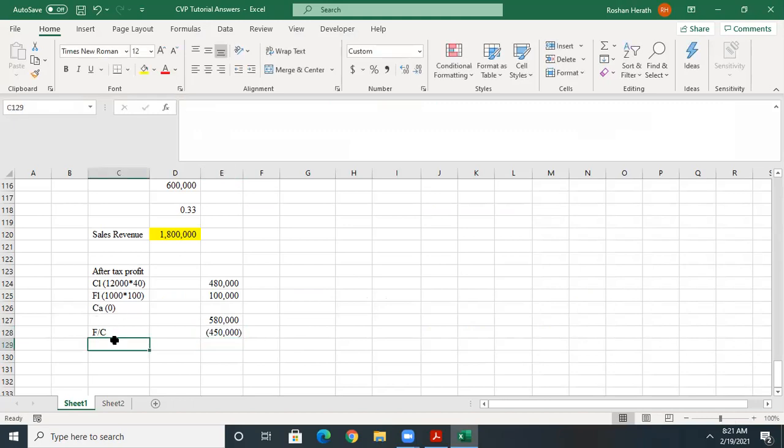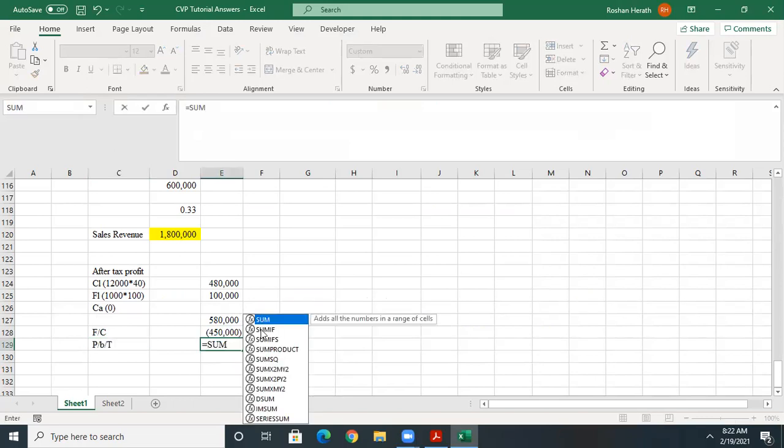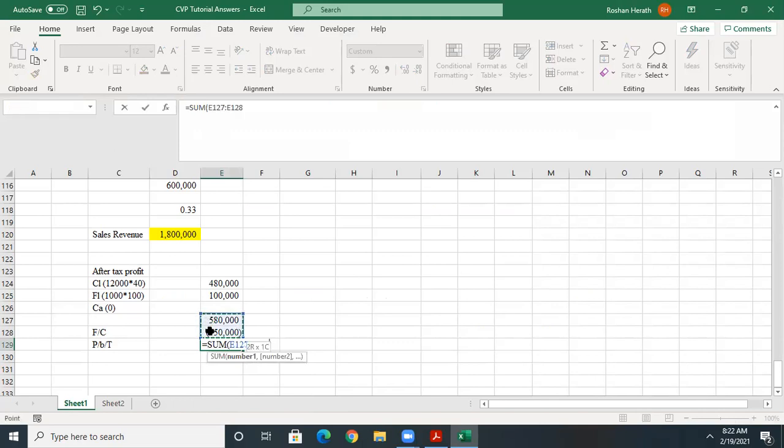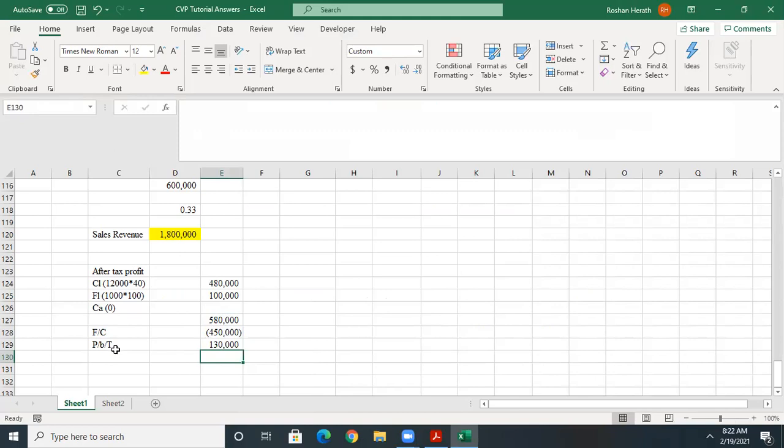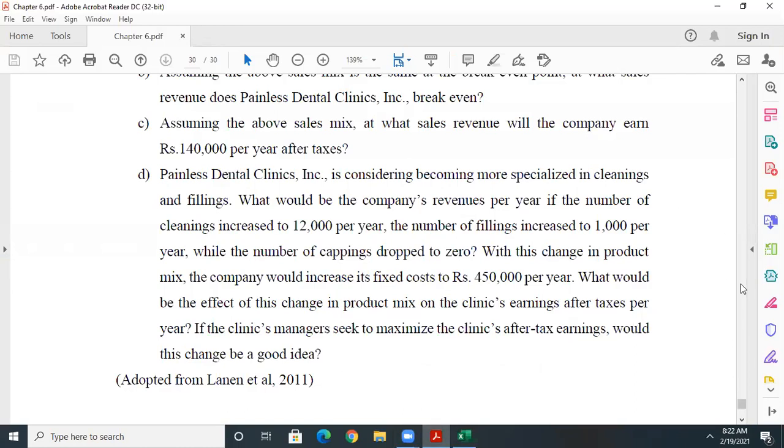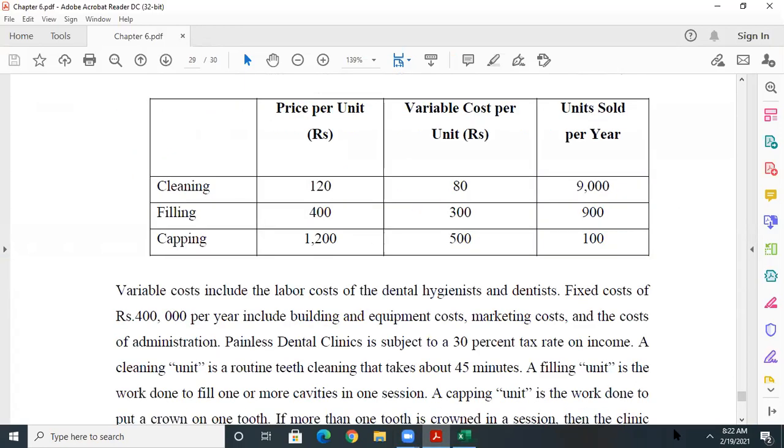So accordingly, the profit before tax would become how much? 130,000 or something? Yes, it's 130,000. Then you take the tax rate. The tax rate was given earlier. It was 30%.